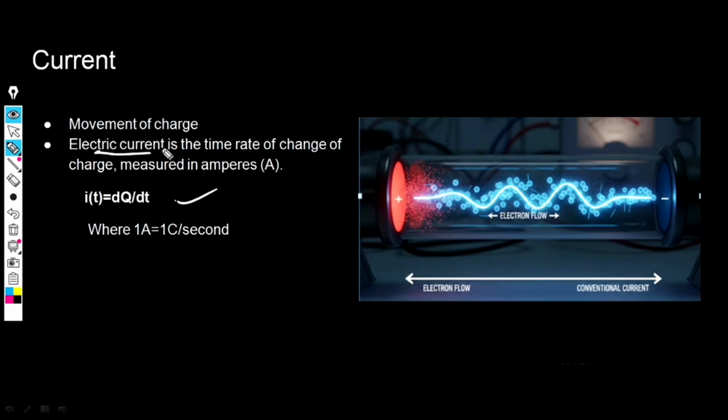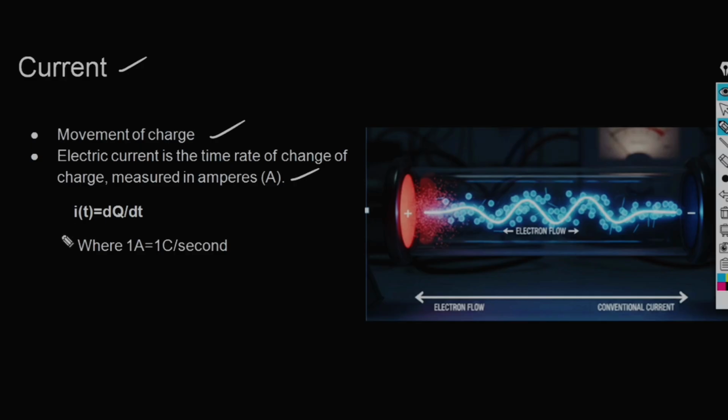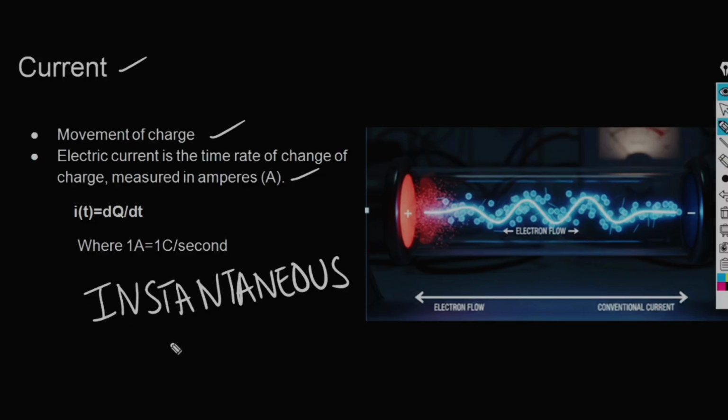And we know electric current is measured in amperes, where when you say 1 ampere, it means 1 coulomb of charge is flowing for every second. And the formula associated with it is given here. I have written I of t to indicate that the current we are considering here is an instantaneous quantity.